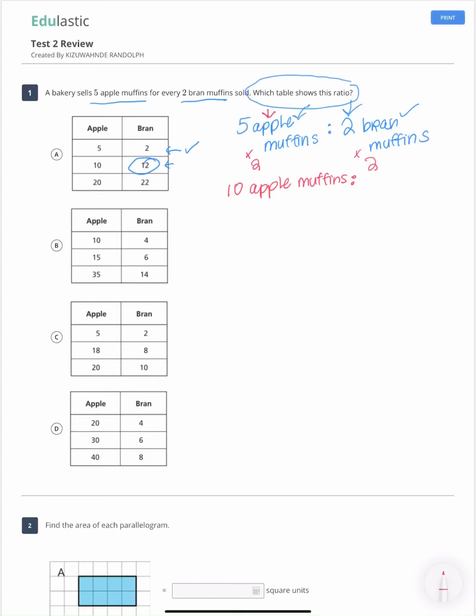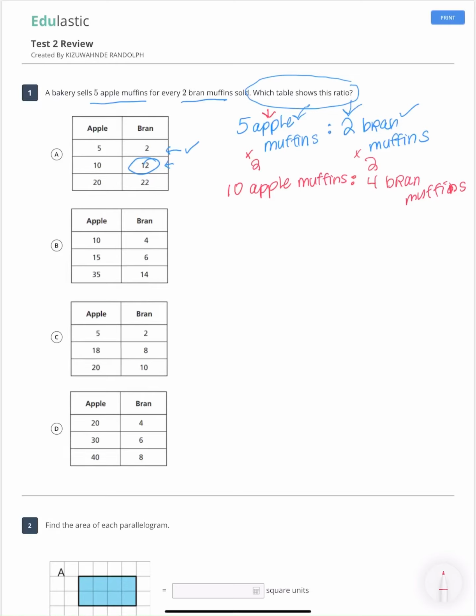Okay? And then when I multiply 2 by 2, it's going to give me 4 bran muffins. And by me doing this, it shows that whenever I have 10 apple muffins, I should have 4 bran muffins.